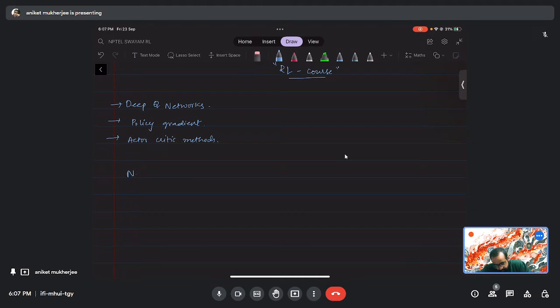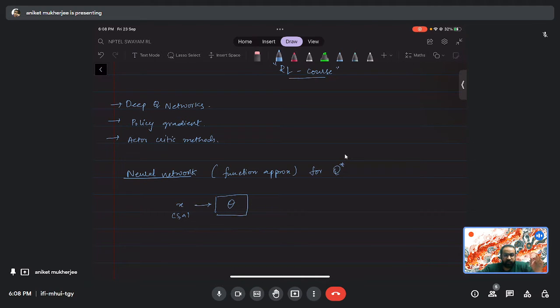A neural network basically acts as a function approximator for Q star. I give X, my state and actions, to a neural network.